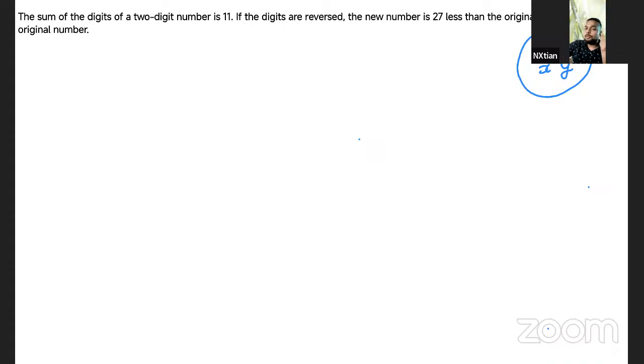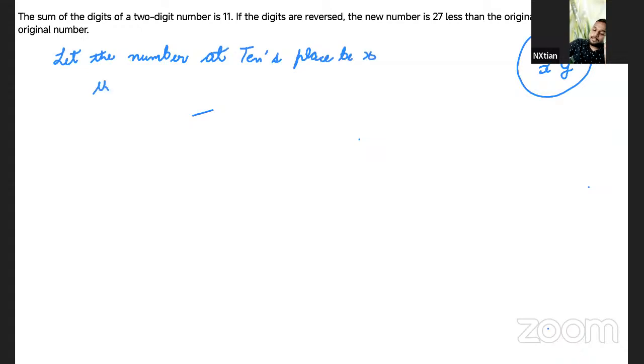Let the number at the tens place be X and the number at the ones place be Y. So what is the number at my tens place? X. And at my ones place? Y. Any problem till now, guys?